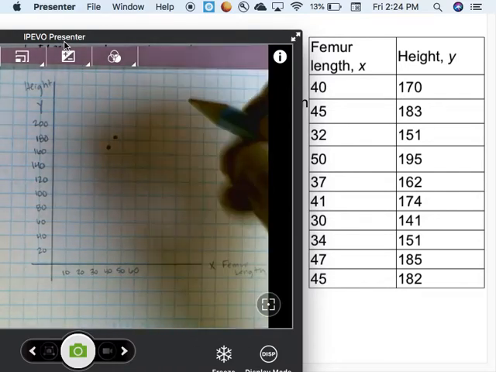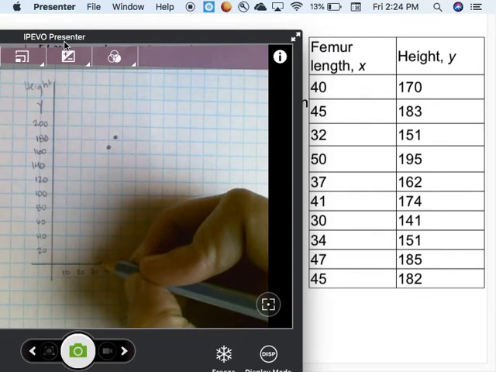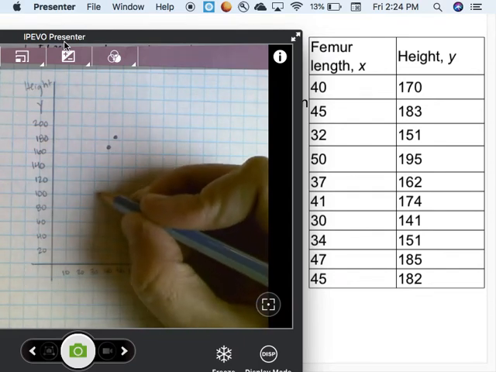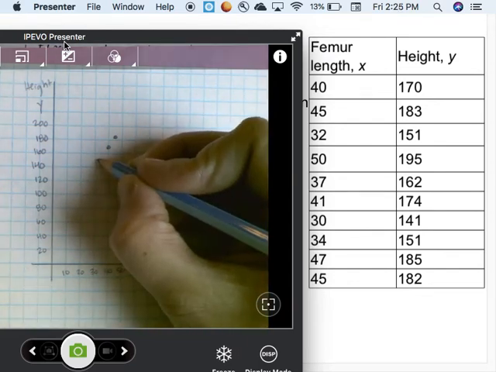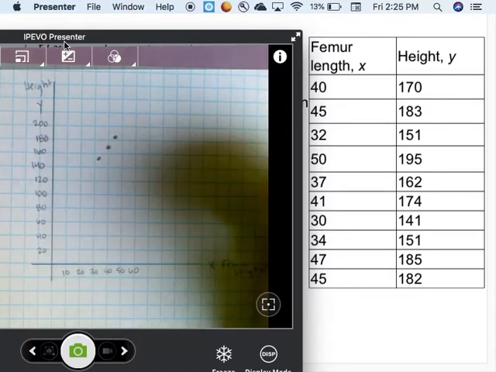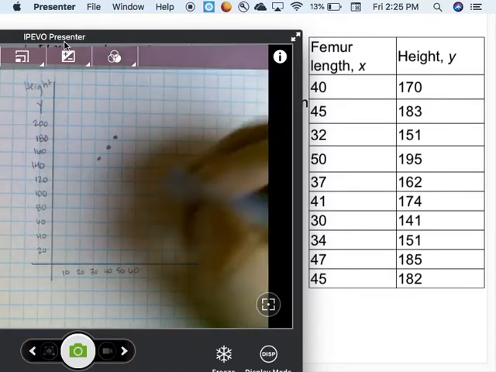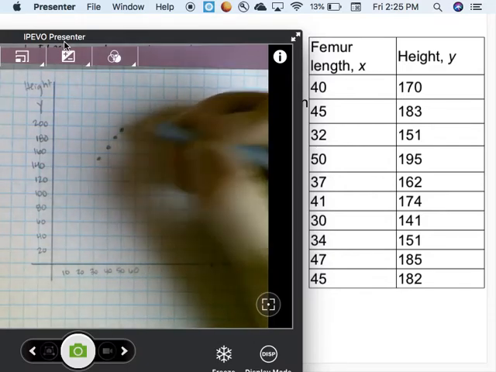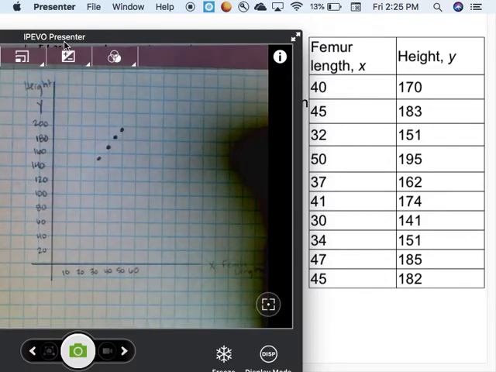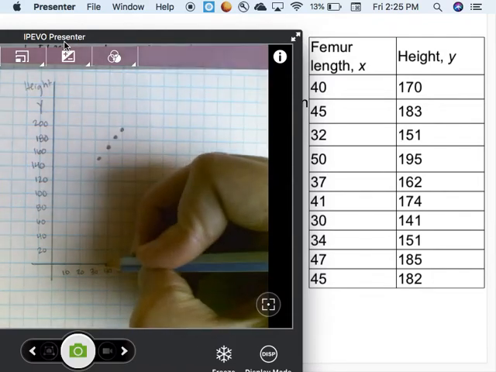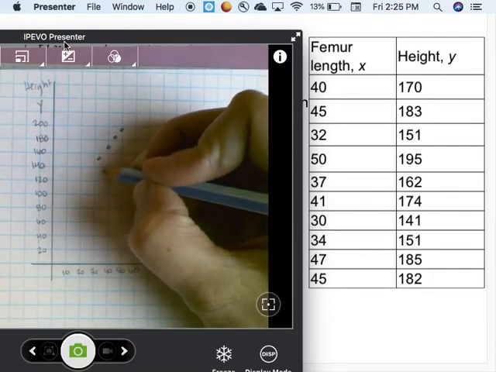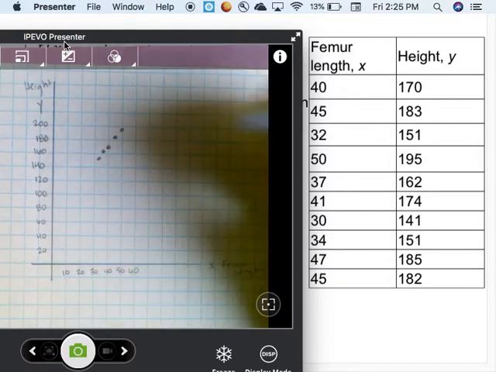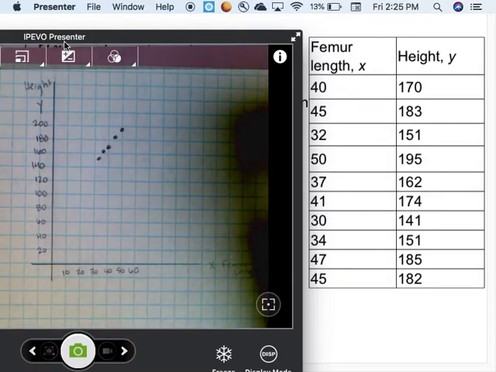And 32, 153, 151, sorry. 50, 195. 37, 162. Is this looking like it might lie on a line? Yeah. It's looking pretty good right now, right?